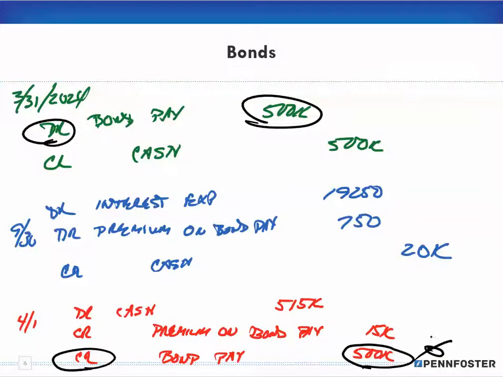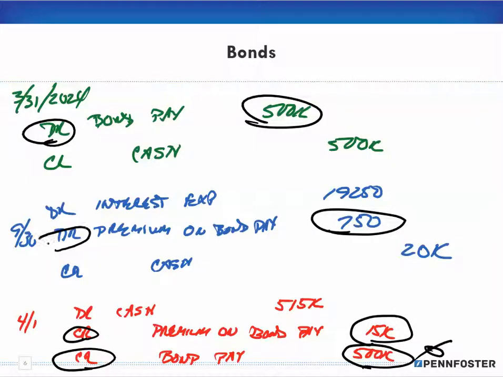And remember, this premium on bond payable of 15,000 is a credit and this is a debit. Every accounting period, not every accounting period, every 6 months, we're going to offset that 15,000 by the 750. So over the course of 20 periods, or 10 years, the balance in that premium on bond payable account will be zero.